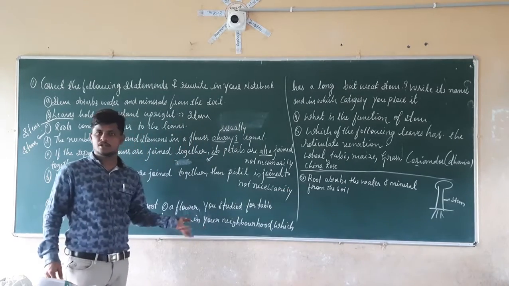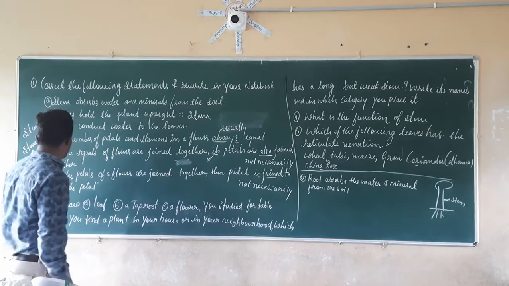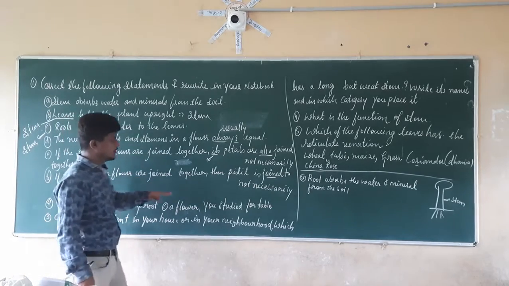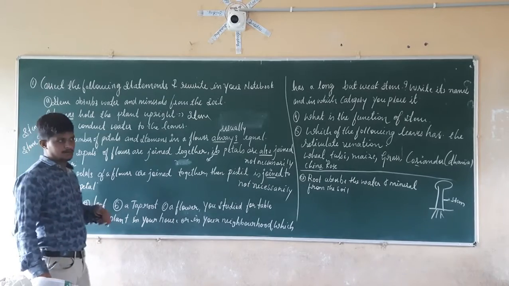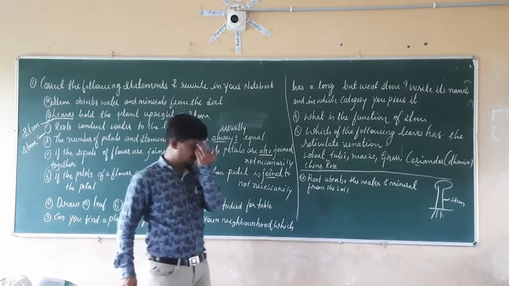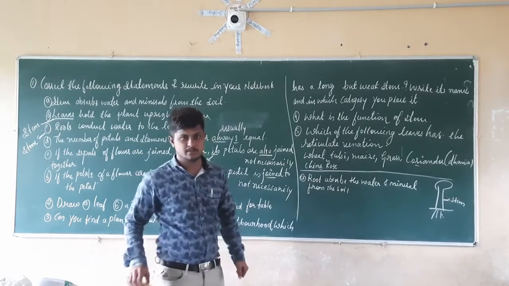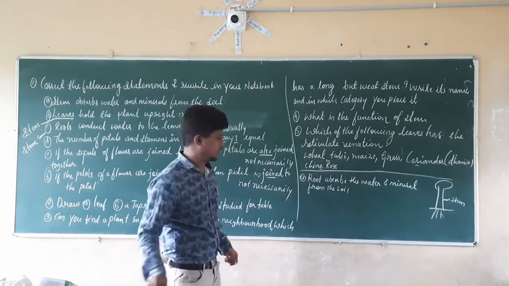For that reason, if the petals of a flower are joined together, then the pistil is not necessarily joined to the petal. So this is the answer for the main question number 1.